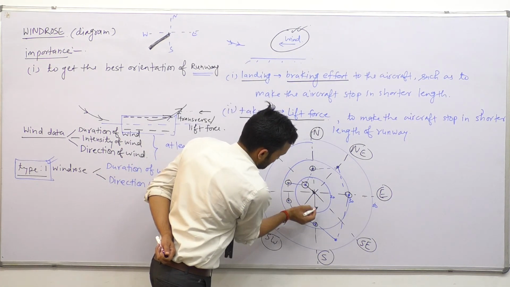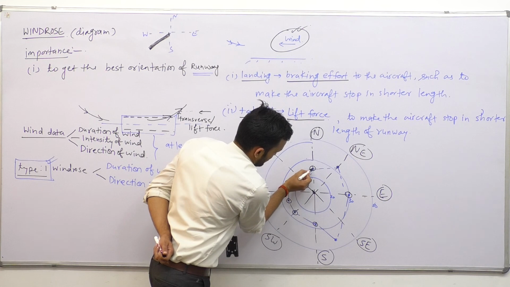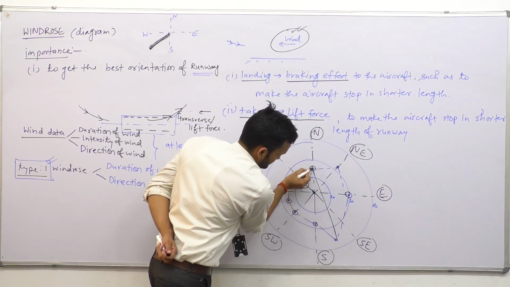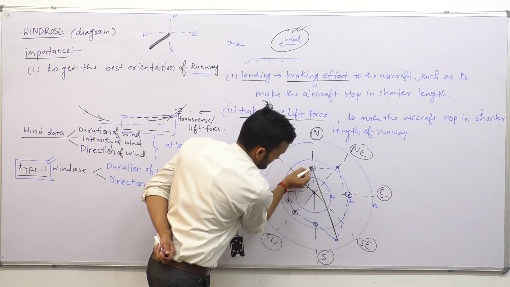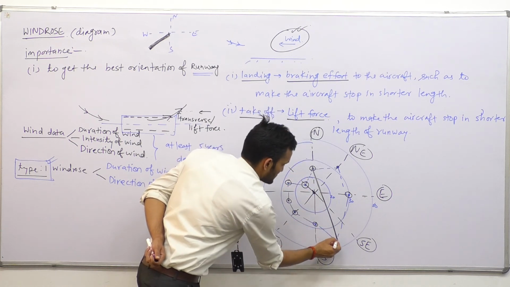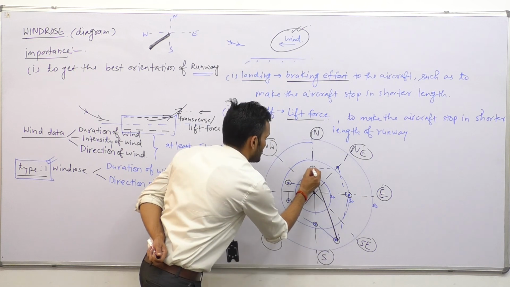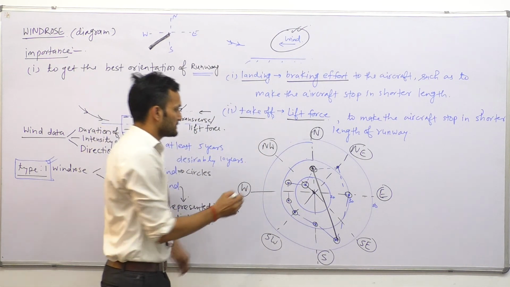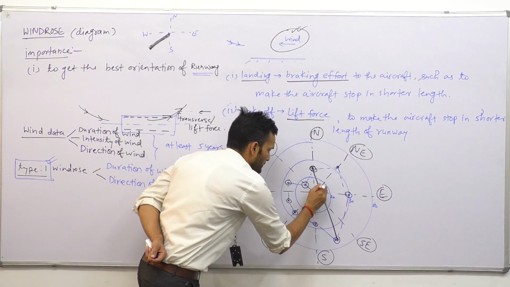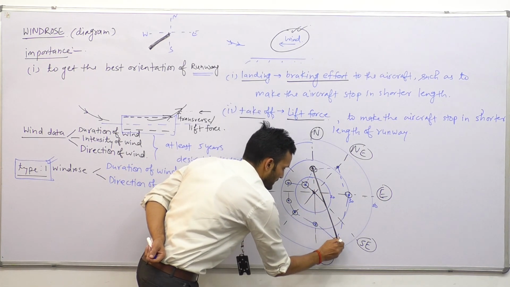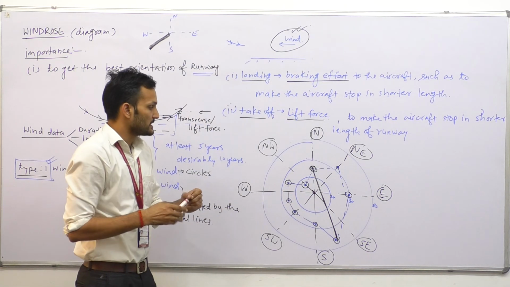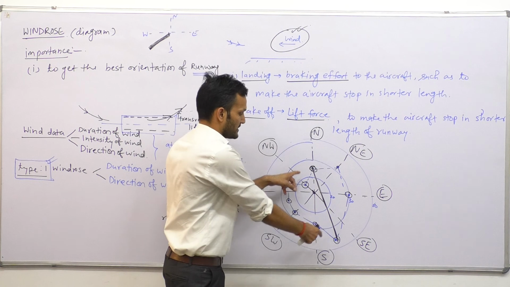It can be drawn with a scale like this. So this is the longest spoke. This spoke is going to depict the orientation of your runway, because the maximum percentage of the time the wind is going to blow in this direction.